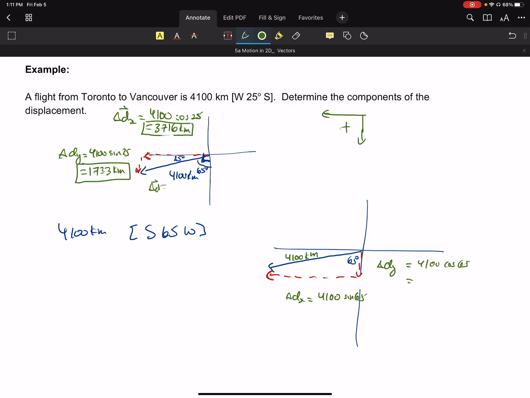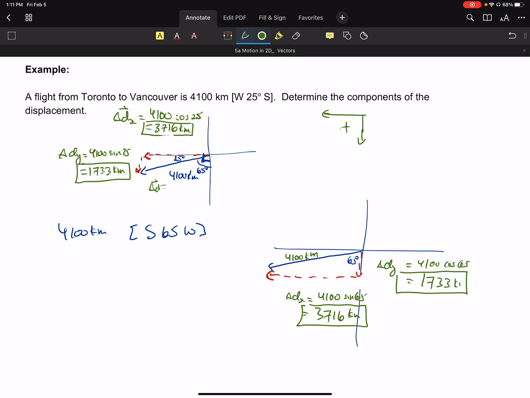The angle changes, so we will get different numbers than above. So 4,100 sine 65 gives you the same answer of 3716 for your x, and your y is 4,100 cos 65, 1733. You get your exact same answers.